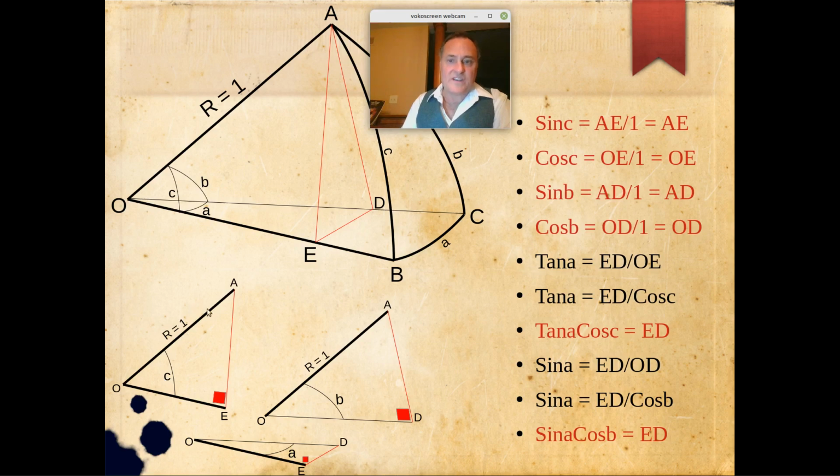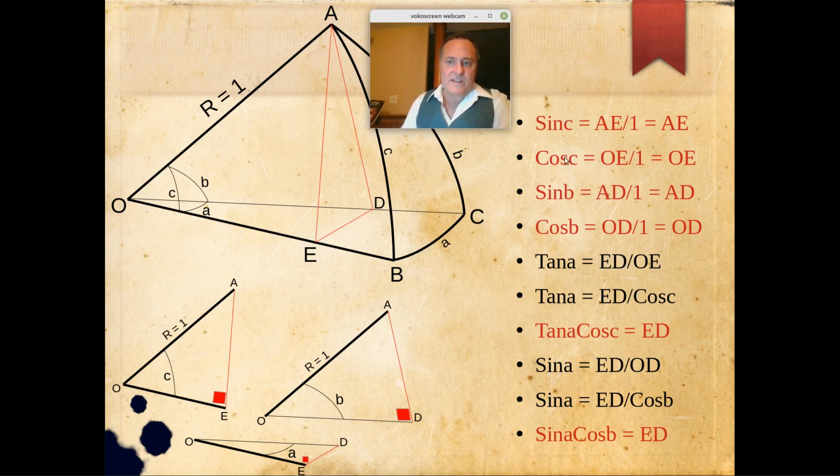Understanding the radius is 1. So the sine of C is the upright side, AE, over the hypotenuse, which here is taken to be 1, the radius of the Earth, 1 Earth radius. And so AE over 1 is just AE. And so this value here, AE, is the sine of C.